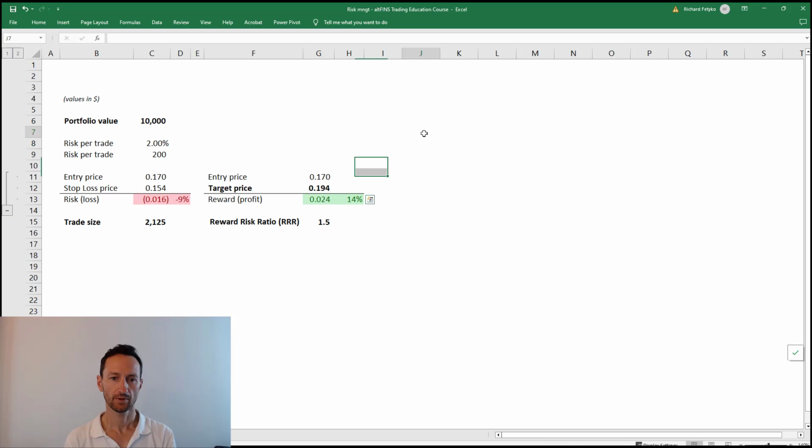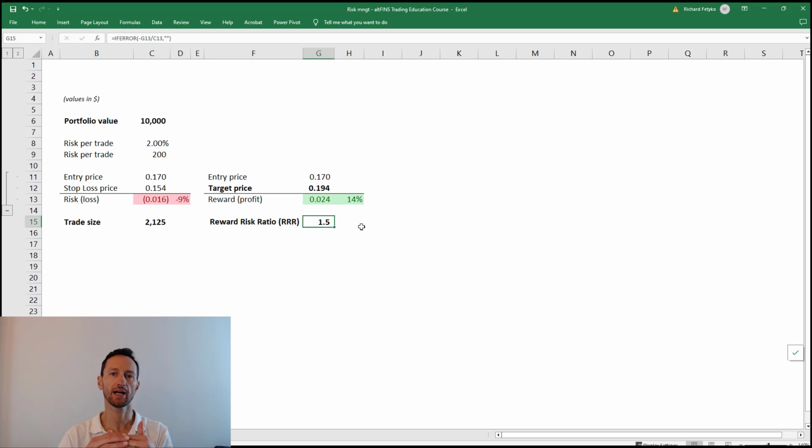There we go. Okay, so if my entry is 17 cents and my target price is 19.4 cents, then my upside is about 2.4 cents or 14%. So when I compare my upside, my reward, to my risk, it's about a 1.5 reward to risk ratio.